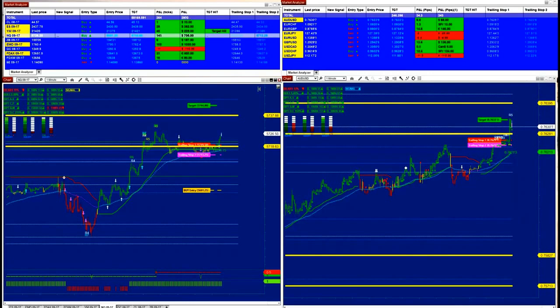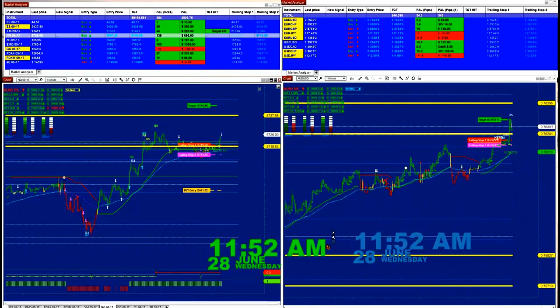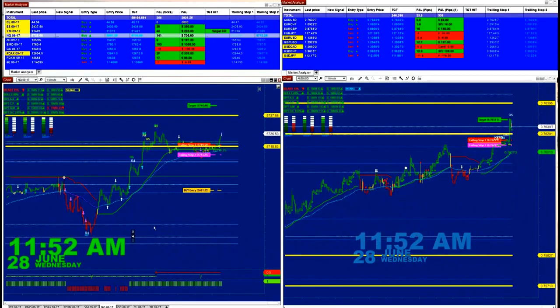For some reason, in swing trading, the NASDAQ has outperformed the auto trade scalper by far. It has a good performance. Now it's almost 11:52, with a total of over 350 ticks.